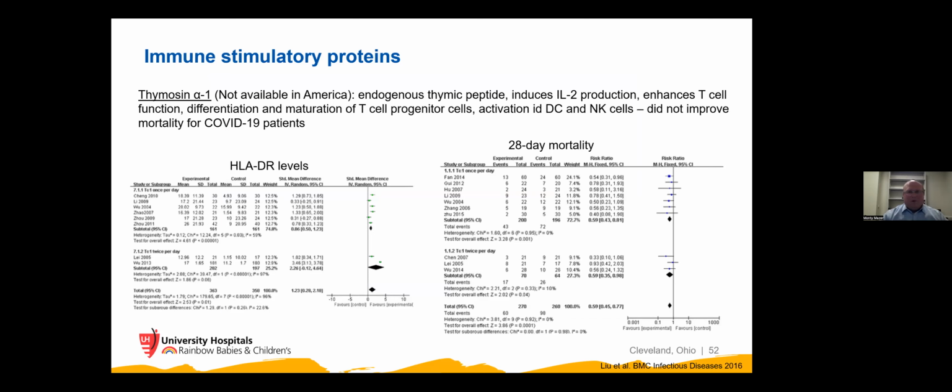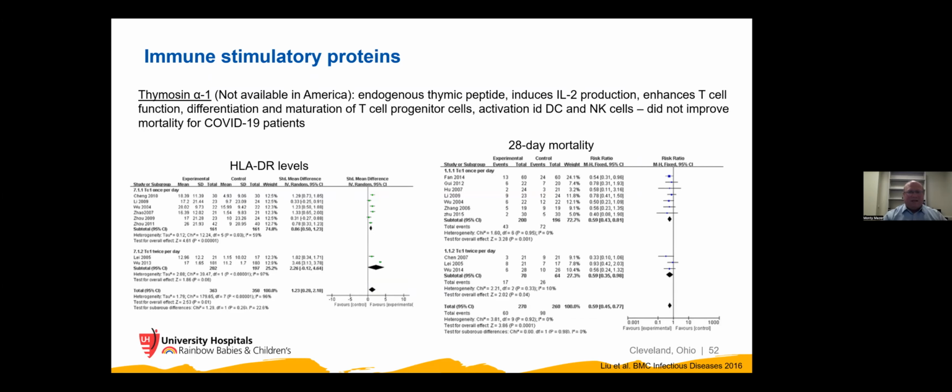Another molecule that is used in some countries, but we still don't have access to and probably don't need to, is thymosin alpha-1, which is another T cell stimulator that is endogenous to the thymus. What this does is it promotes proliferation and activation of T cells, differentiation, and maturation into different T cell subtypes, and helps activate antigen presentation and natural killer cells.